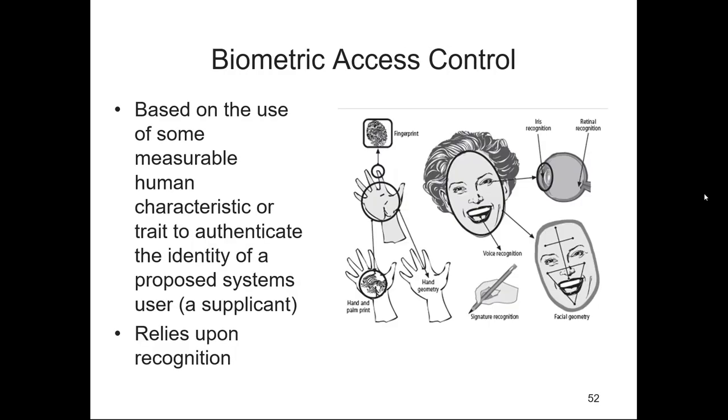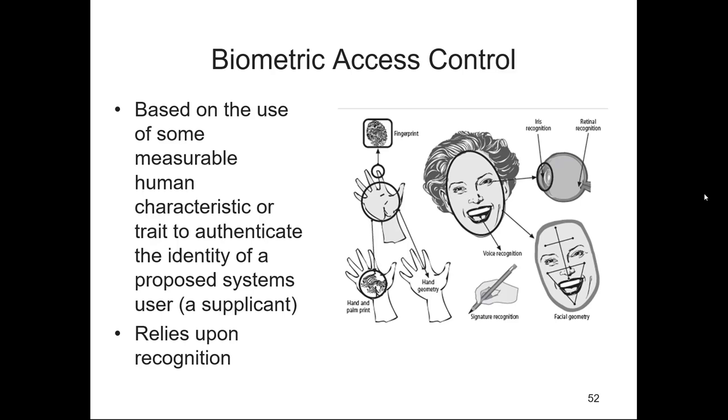Some of the measures that can be taken to protect valuable information use human characteristics or traits to authenticate the identity of proposed system users. You can see that recently we've been using those measures, which are called biometric access control, which relies on the recognition of human characteristics.